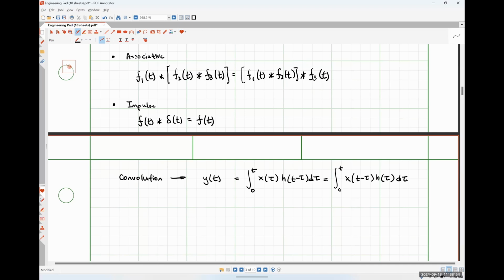So it doesn't turn on until t equals 0. So I'm going to sneak in a unit step function that reminds me my output can't exist before time t equals 0.